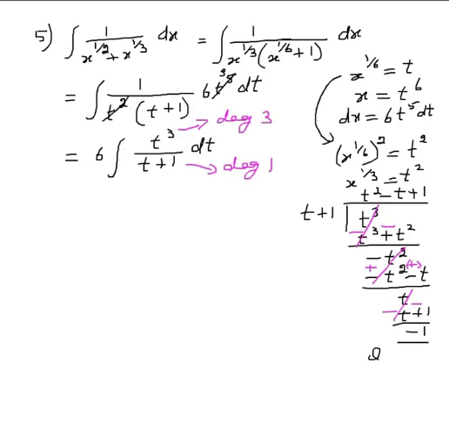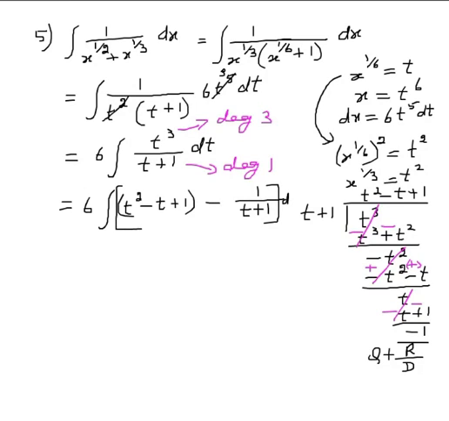Now let us write it in the form quotient plus remainder by divisor. Therefore, it becomes 6 times integral. Quotient is t square minus t plus 1. And the remainder is minus 1 divided by divisor is t plus 1 times dt.